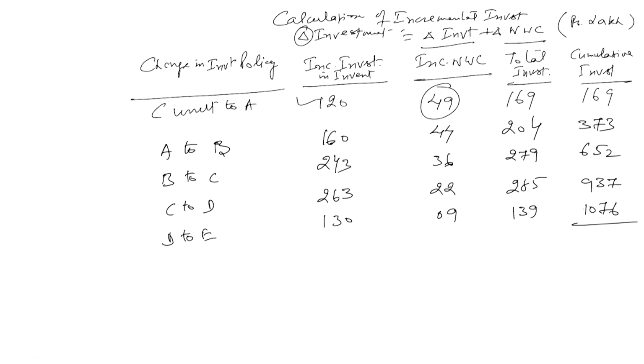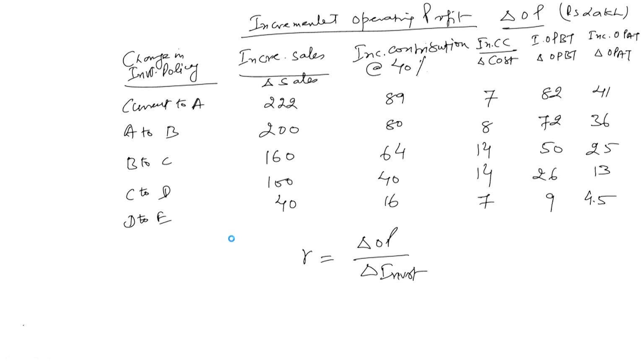So both are with us at the different policy levels. From current to A, A to B, B to C, C to D, D to E, we have all the investments, the cumulative investment as well, and the operating profits are also available with us, for the current to A, and then A to B, B to C, C to D, D to E.